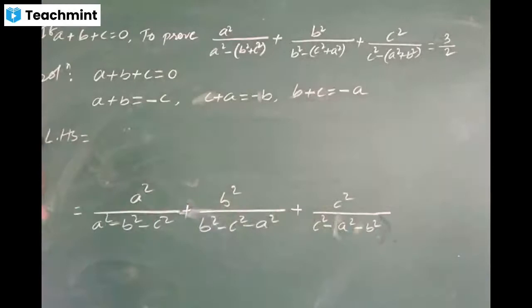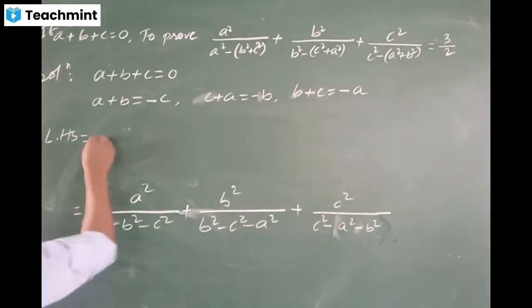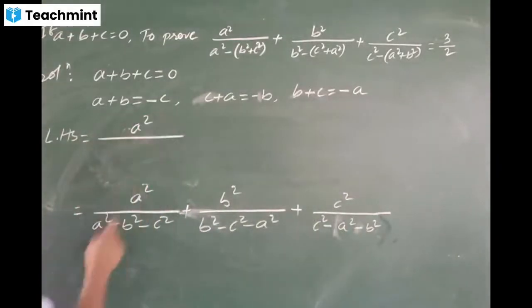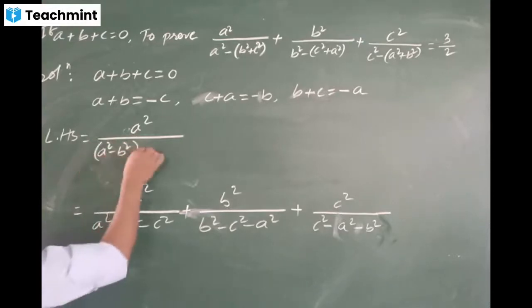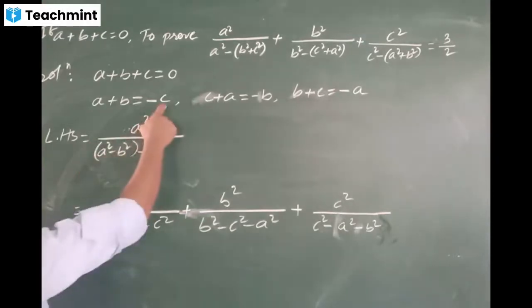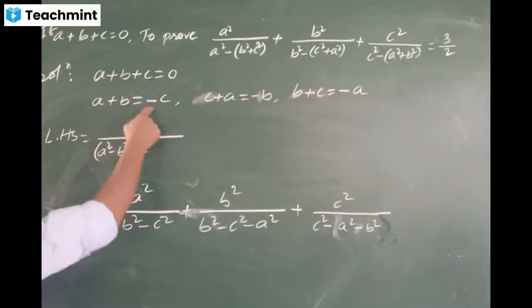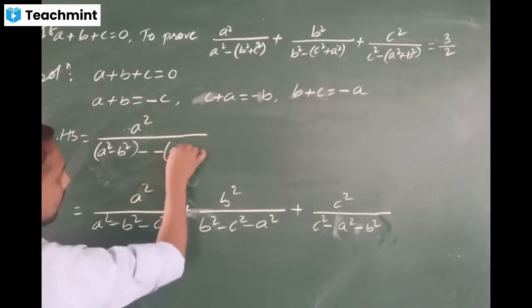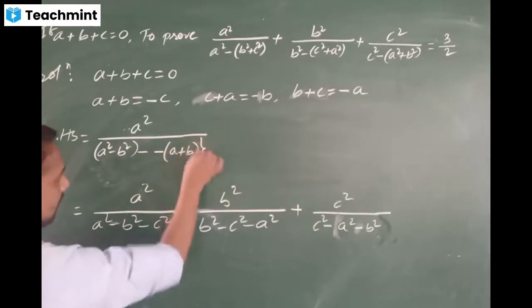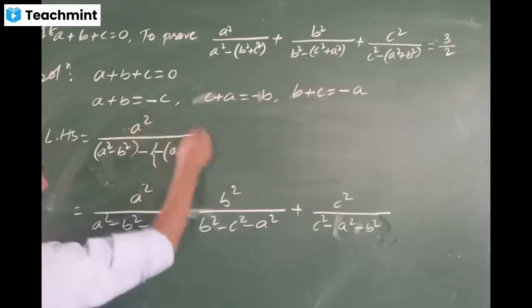You can see that a square, this value a square minus b square, you have to keep separately. a square minus (b square) minus c value: how much is this? Minus a plus b, so minus whole square.